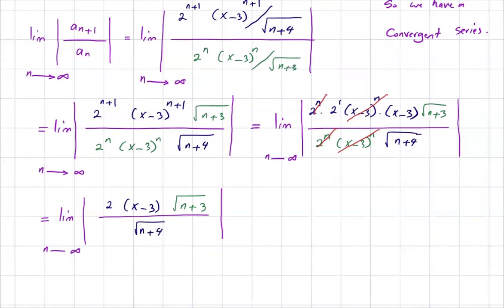Which can be written as the limit of square root of n plus 3 divided by square root of n plus 4, which is 1, as n goes to infinity, times 2 times the absolute value of x minus 3.